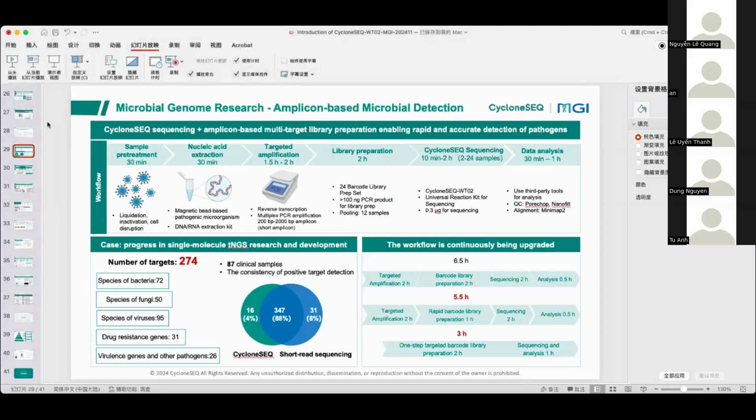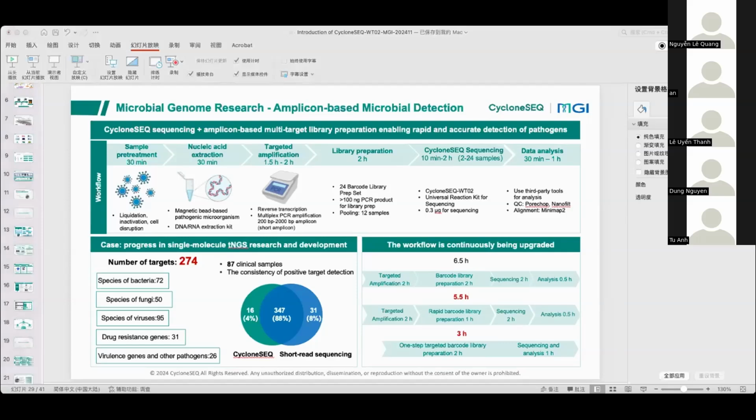Okay, for metagenomics tools, among the existing tools, the current recommendation is to use Kraken for separating the species for binning, and then use MetaFlye for assembly.